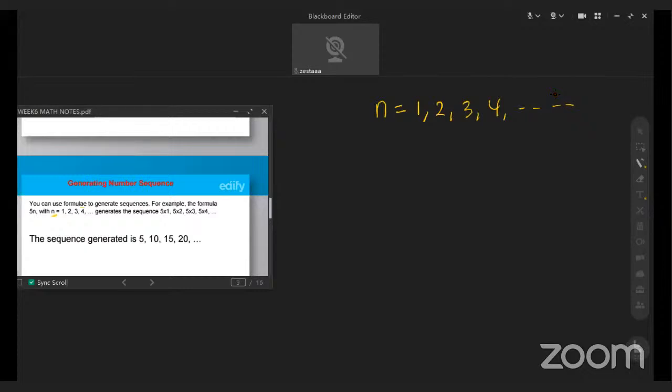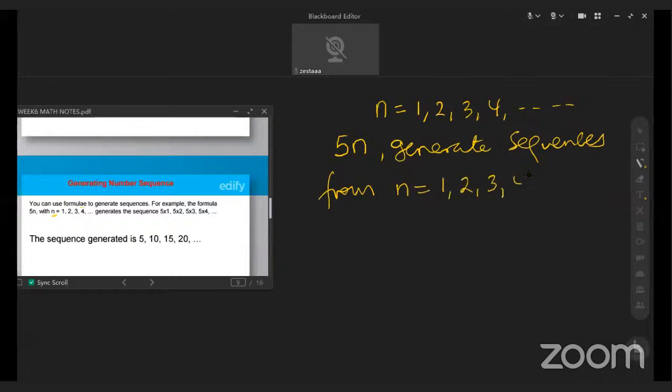If they tell you to generate a sequence based on those numbers, for example, if we have 5n and they are telling you to generate sequences from n equals 1, 2, 3, up to 4 onwards, what they want you to do is this: 5n means 5 times n, and the n are these numbers that we have here.